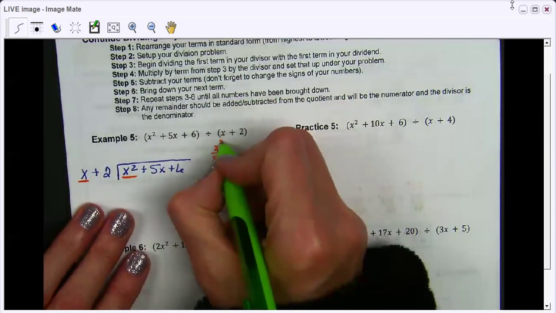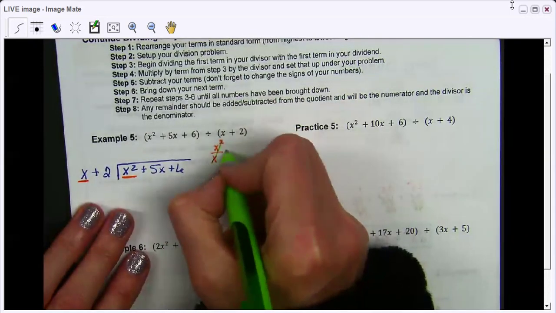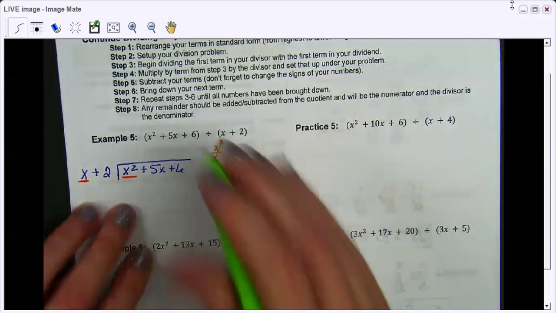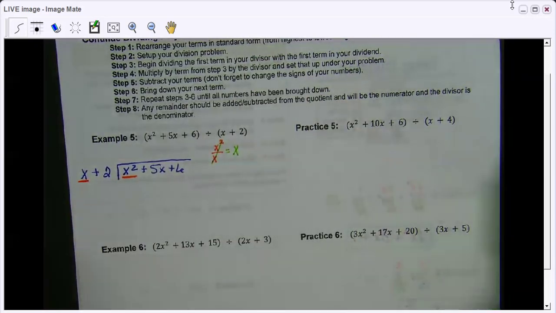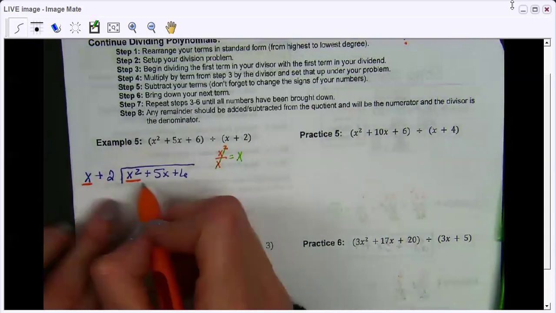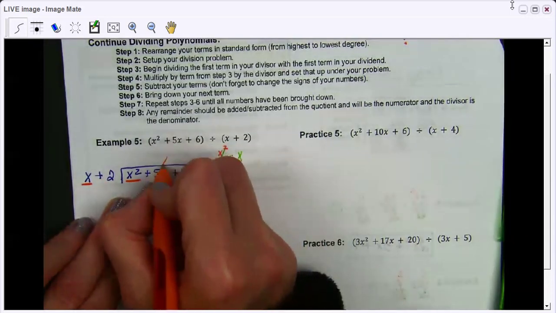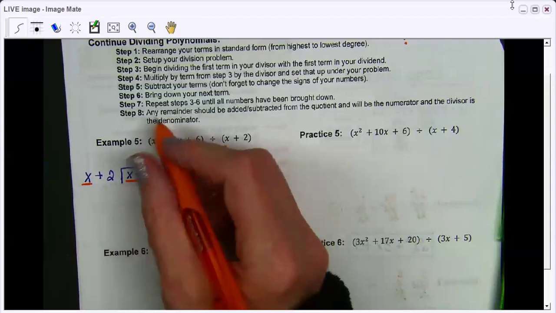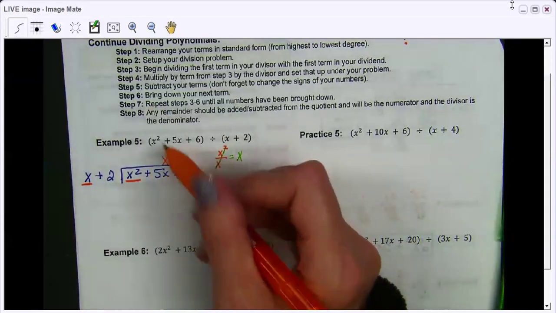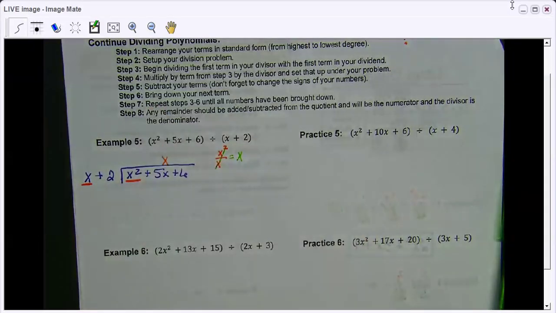When you simplify your x's, you get x to the first power, or just x. So x goes into x squared x times. The reason I'm putting it above the 5x is because I'm putting it above its like term.